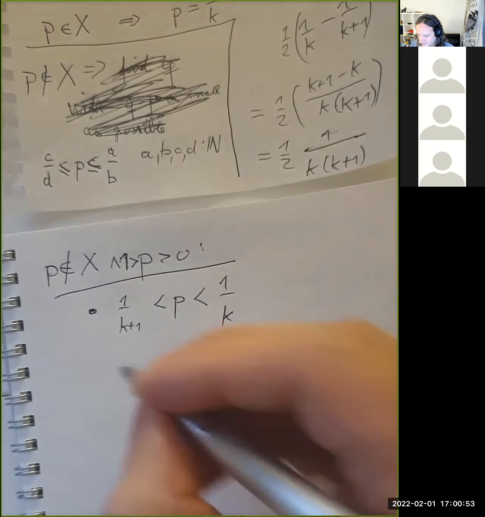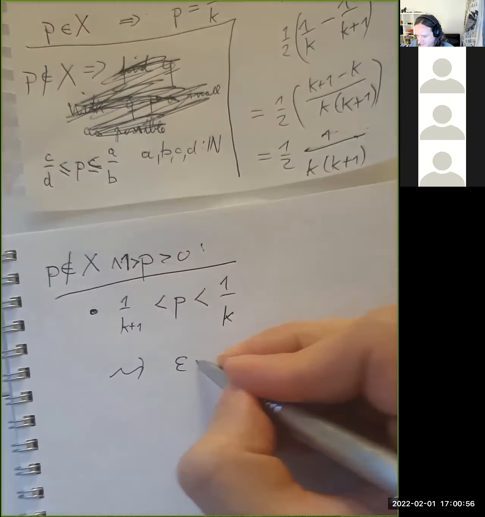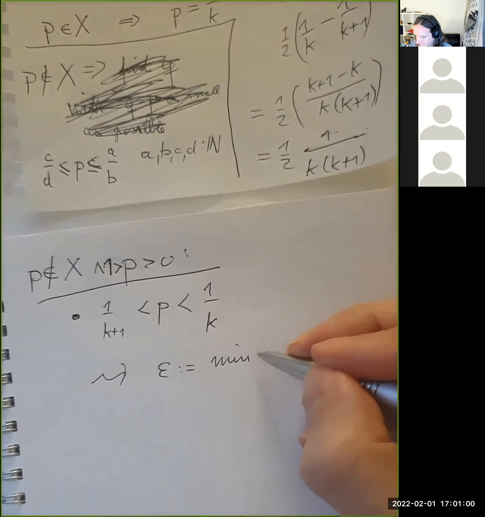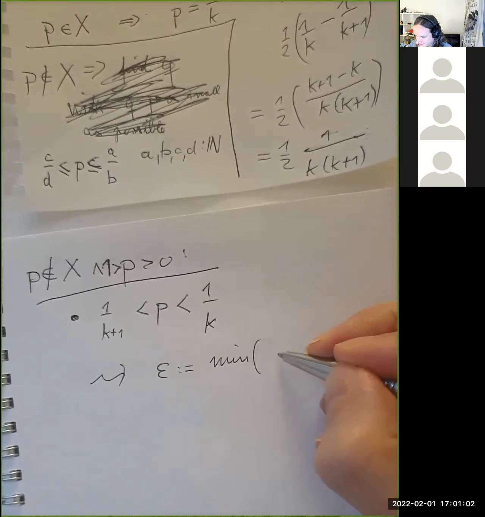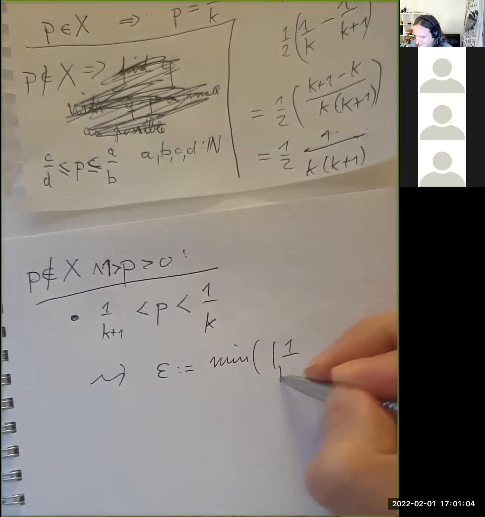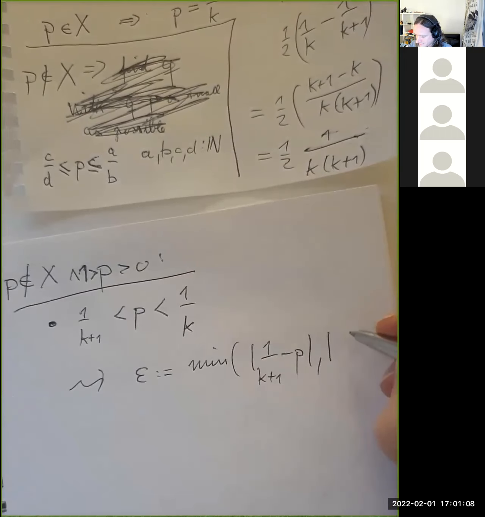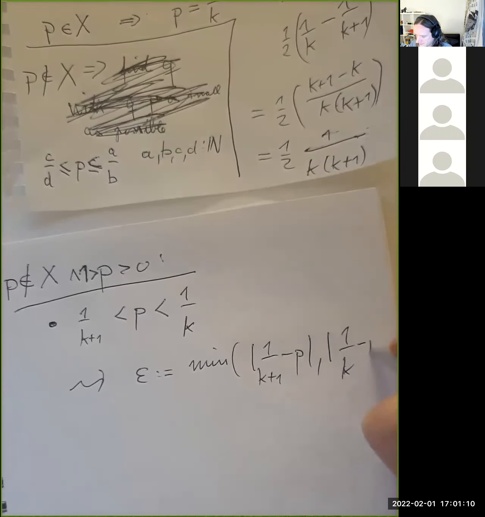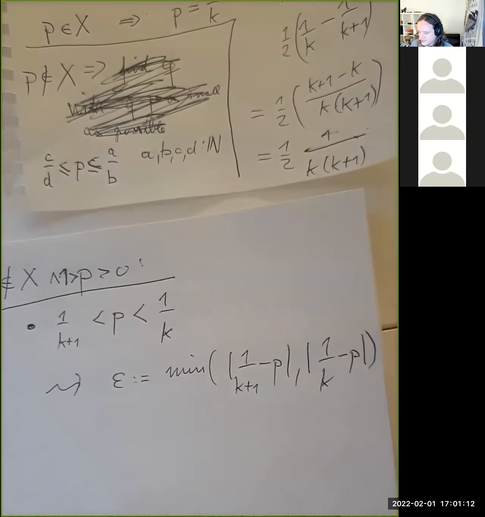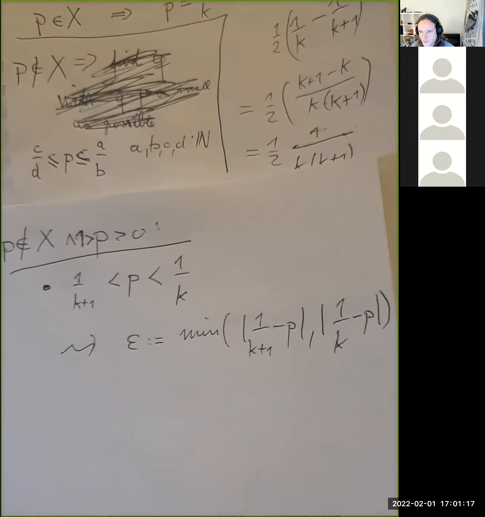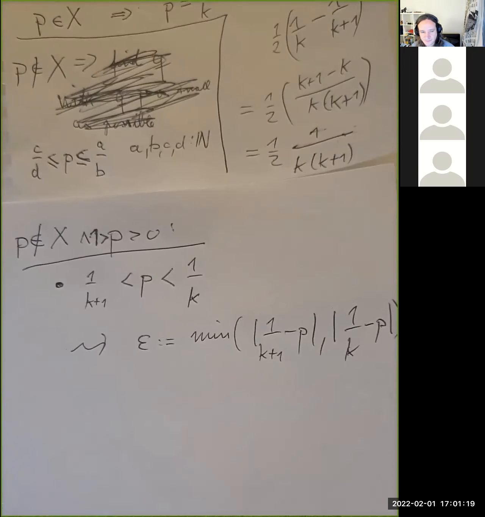And then just take epsilon to be the minimum of the distances to these two numbers. And then we have again a working epsilon.